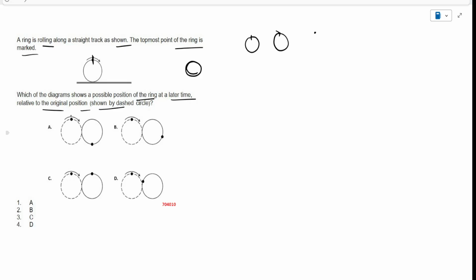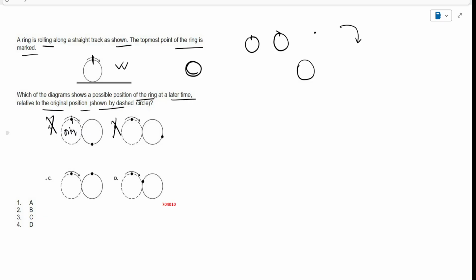Acha, so the original position is this. This is the original circle, and this is after some rotation. So see, if this takes a complete rotation, or any portion of this 360 degrees, then the position will be the same because this is a circle. So this will not happen, this is also not, the position will be the same.